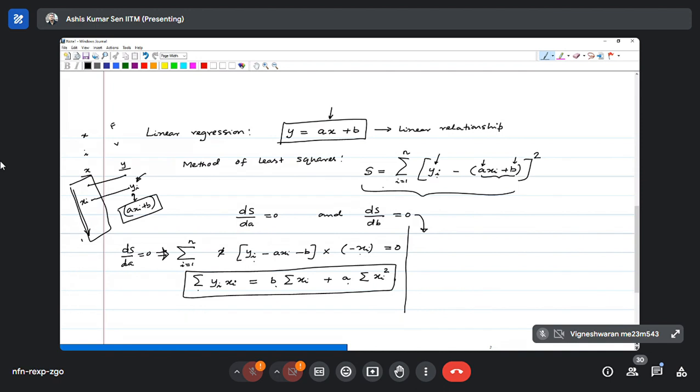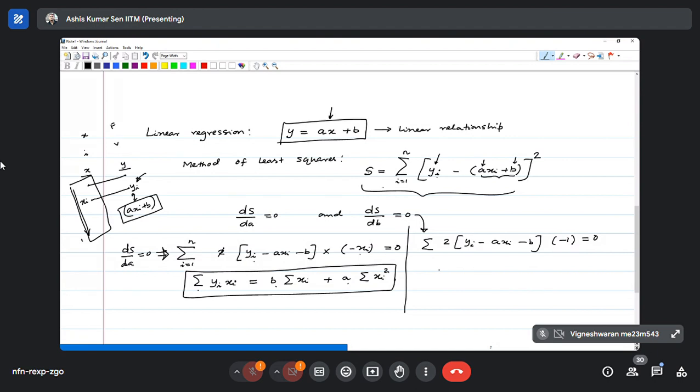Okay. So ds over db is 0. So if you take the derivative of ds over db is 0, so you basically get sum 2 into yi minus axi minus b. Then you get dyi over db is 0, d of axi over db is 0, and then d of minus b. So that gives you minus 1, that is equal to 0.